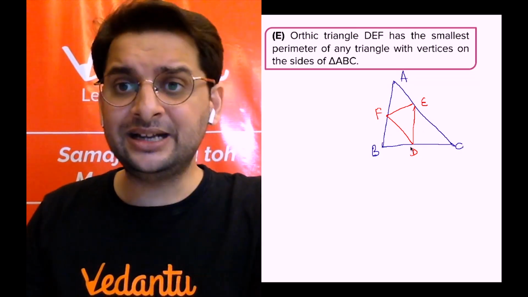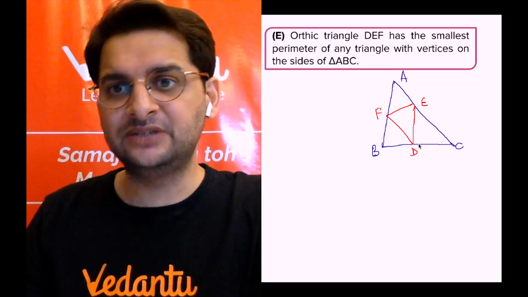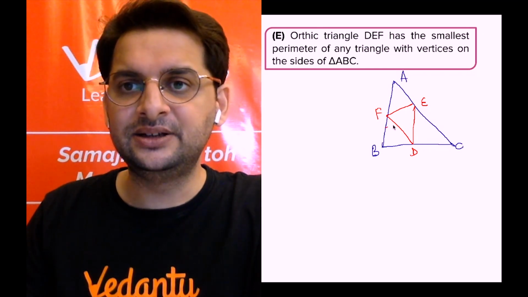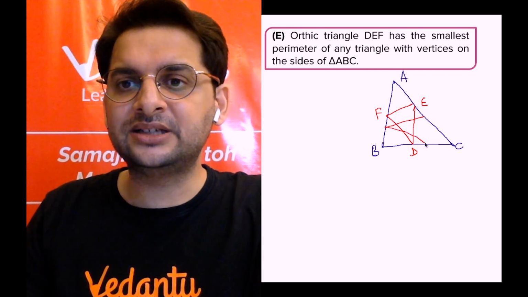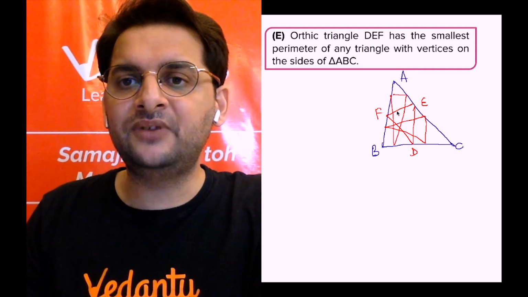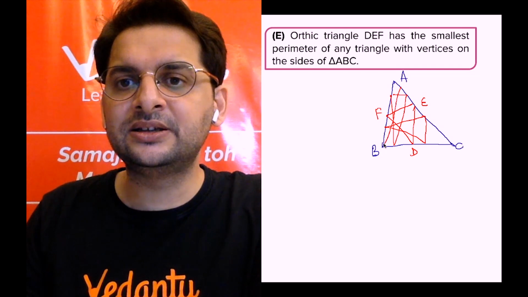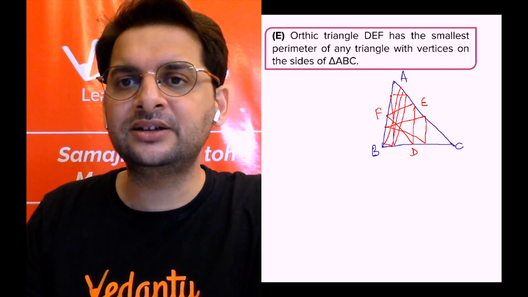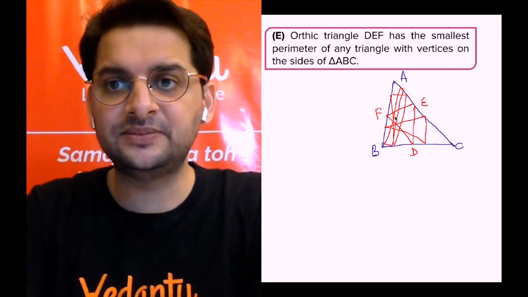And similarly, there can be infinite such triangles with 1 point each on the three sides. So there can be one triangle such as this. There can be one such as this. There can be one which would be this, कुछ इस तरीके से. So there will be infinite such triangles.